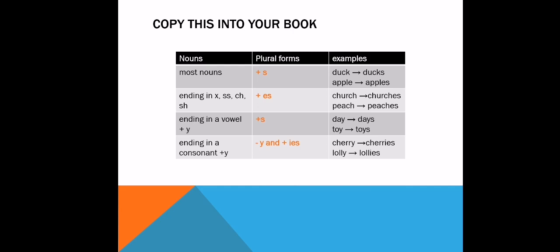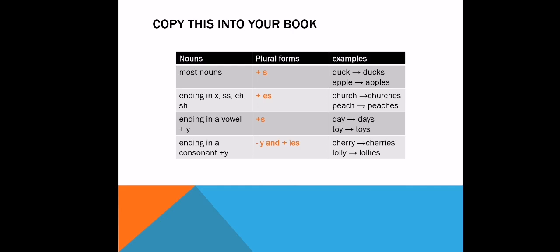Next, words ending in a vowel plus y. For this type of word, you can see here the word day. Before the letter y, you can see a vowel. Vowels are a, e, i, o, u. You see the letter a, so after the y, you only have to put s.